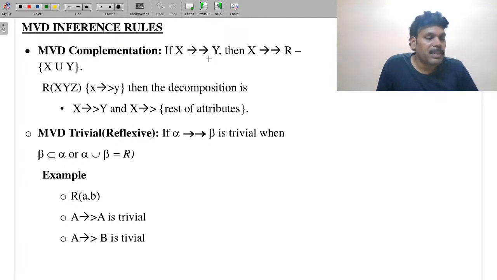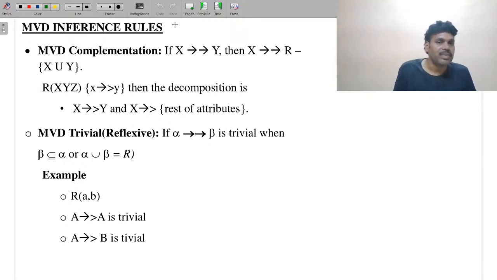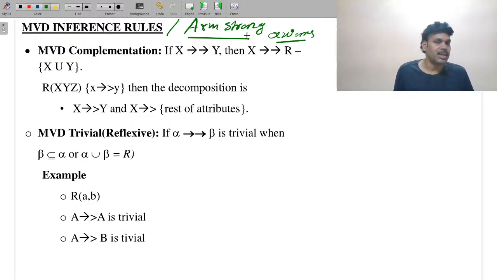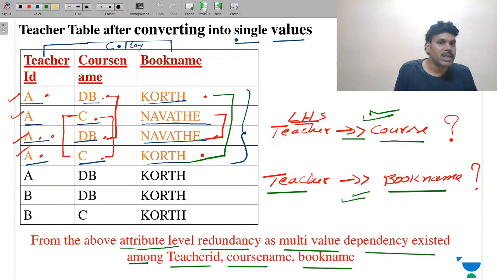So multi-value dependency is associated with some important rules. These are called inference rules. We also call them Armstrong axioms. Very important rules, very easy to understand. So you all may have a doubt here. What is your Z?